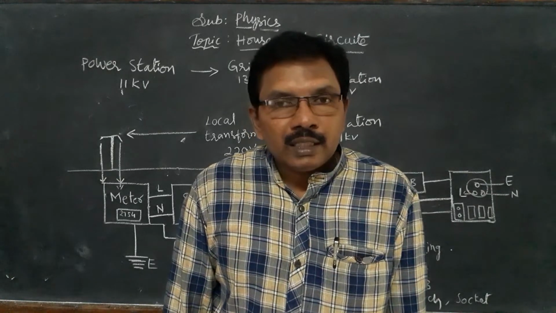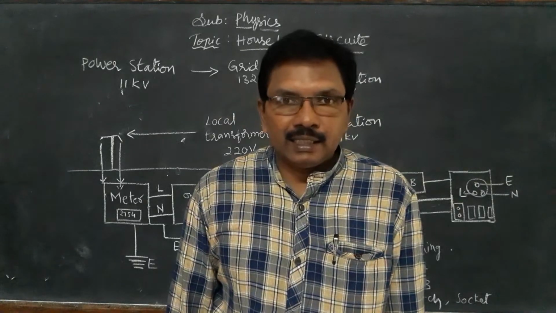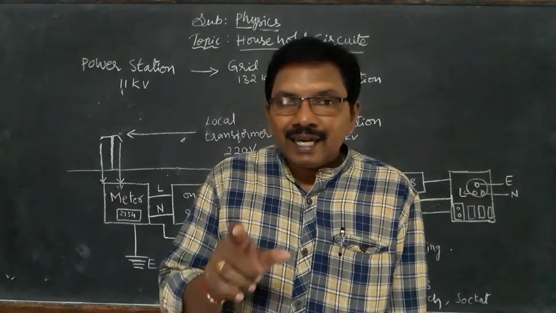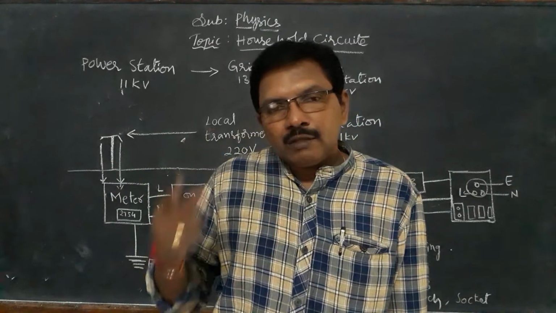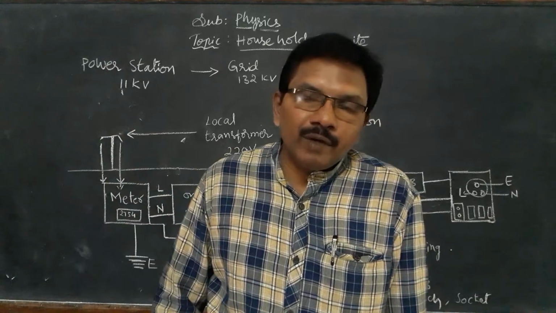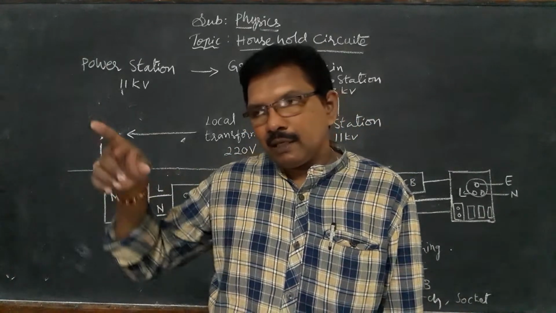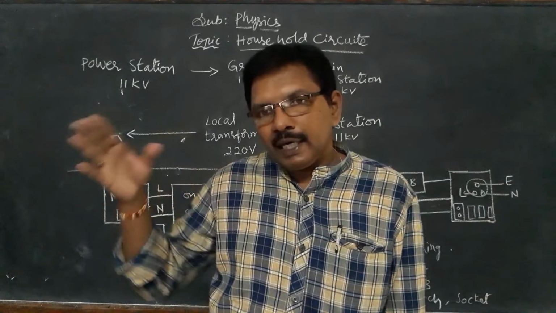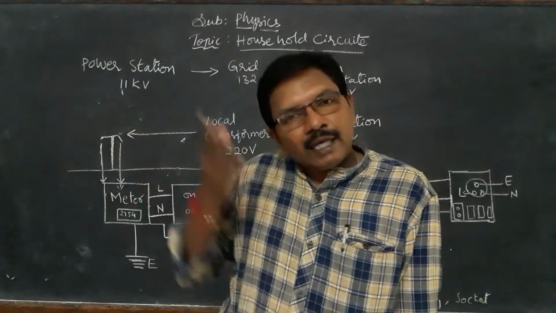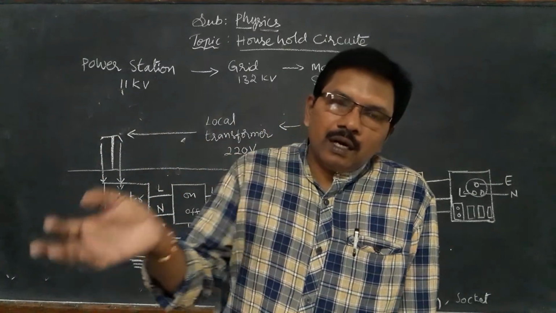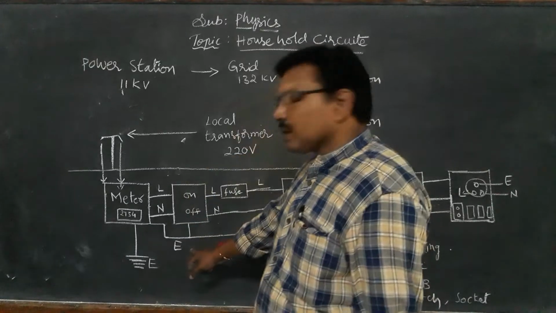To avoid that problem, the earth wire protects us. How will it protect us? The earth wire is connected to the body of every appliance. If unknowingly any current touches the body of the appliance, that current will return back through the earth wire and go into the earth. So that is the use of the earth wire.